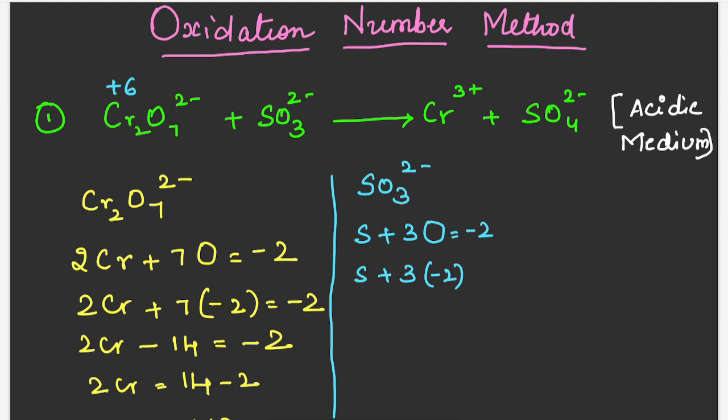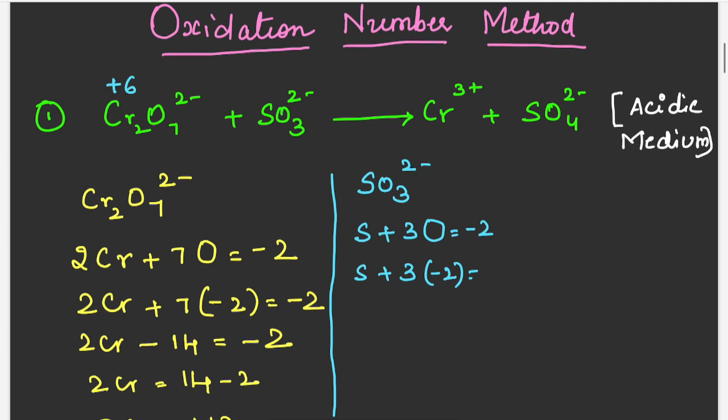If you have not watched that video, go to the playlist and you can find it. So here for oxygen it is minus 2. Sulfur minus 6 is equal to minus 2. S is equal to 6 minus 2, so sulfur is equal to plus 4.